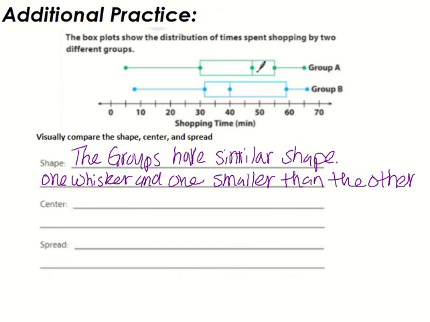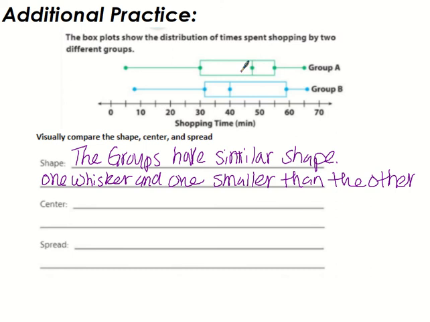And then if we look, our boxes are pretty similar. They're opposites of each other, but we do have one box on each that's bigger than the other box. So their shape is similar, right? One whisker bigger than the other, one box bigger than the other, and their boxes almost look the same, and their whiskers almost look the same.